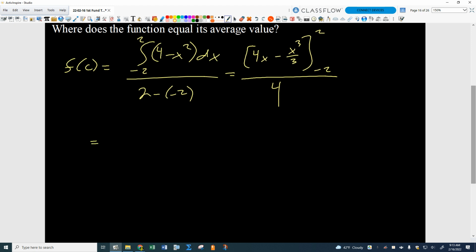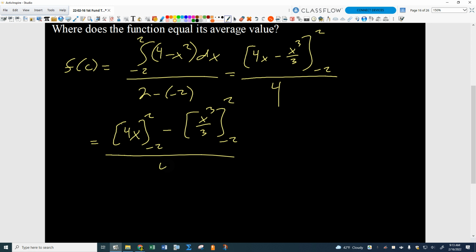I've got 4x evaluated from negative 2 to 2 minus x cubed over 3 evaluated from negative 2 to 2, all divided by 4. What's interesting about that? Yeah, it goes to 0.